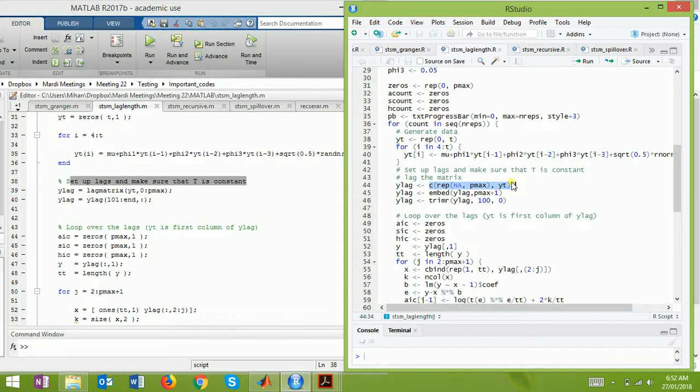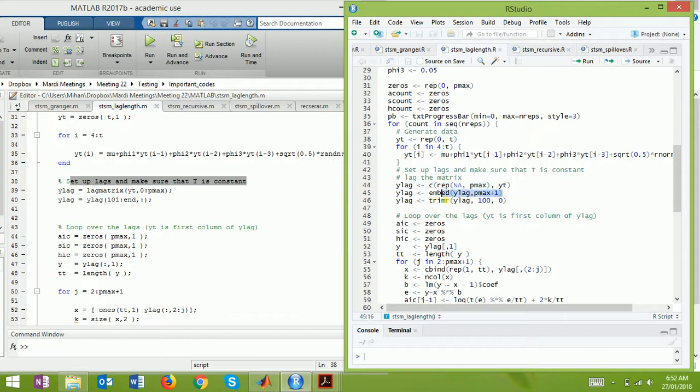You see it is different here in R. Y lag, first replicate NA 7 times, and then we will have yt, so that is in a column.